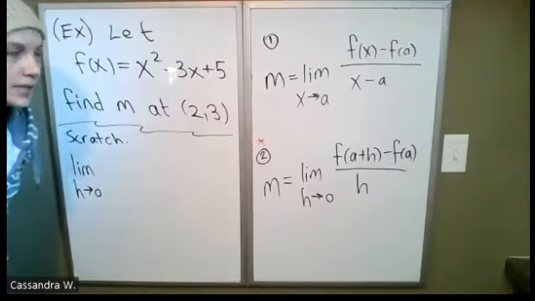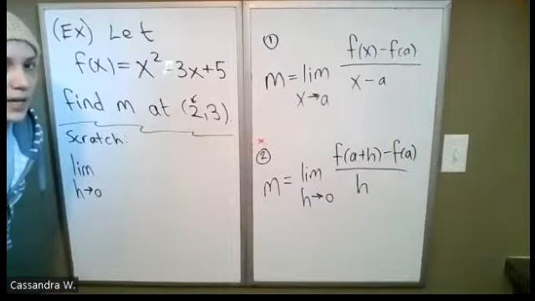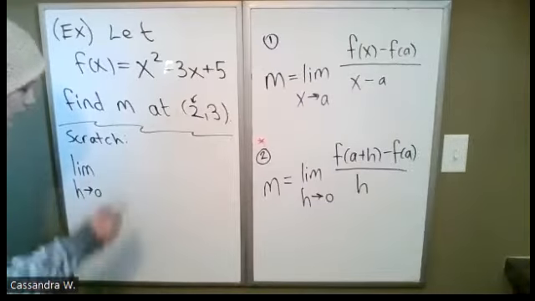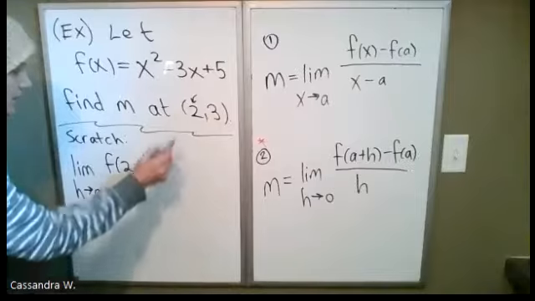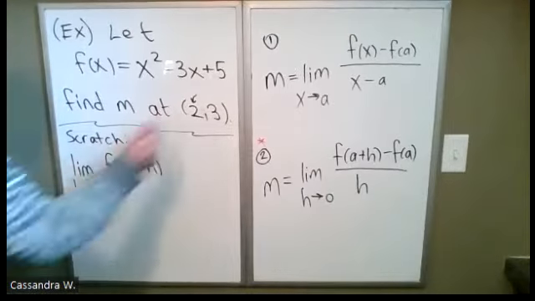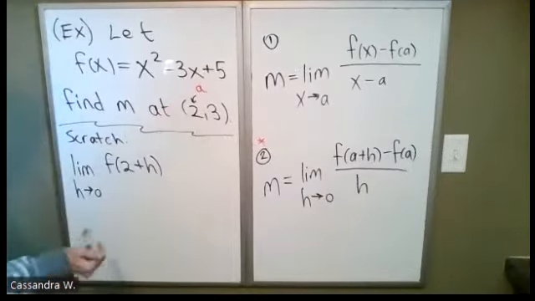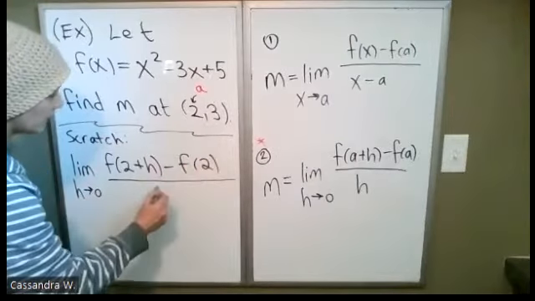And for f of a plus h, we're using 2 for a. It's f of 2 plus h, and f of 2, divided by h.